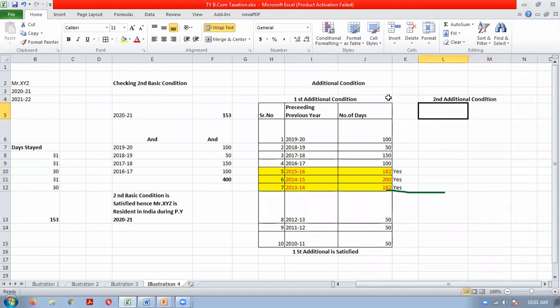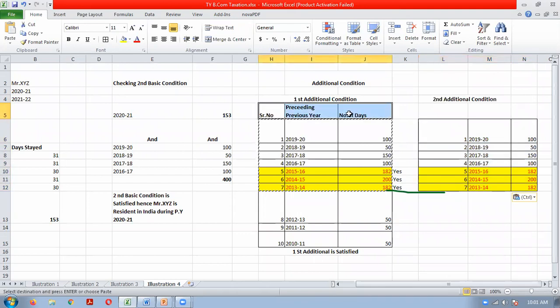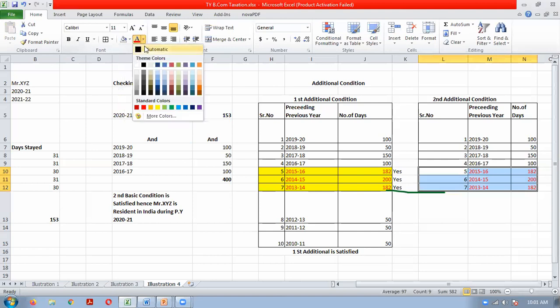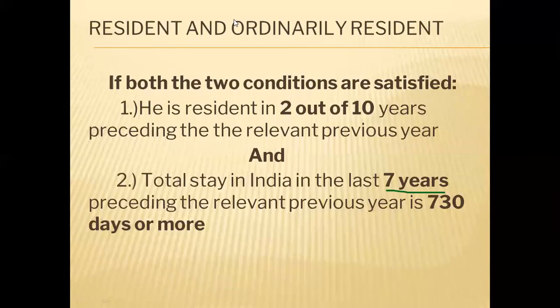So the past 7-year data, first we will copy from here only, 7 years only we require. What does the second condition say? Read fast.